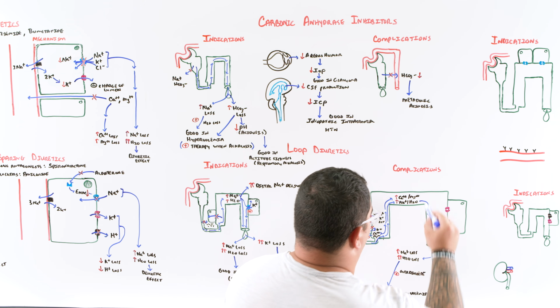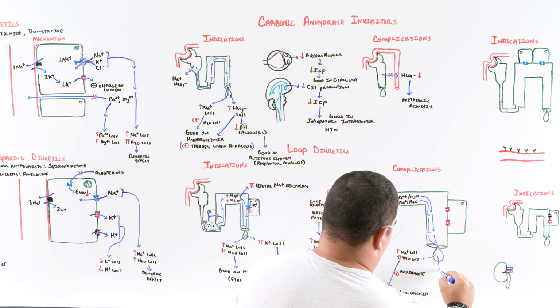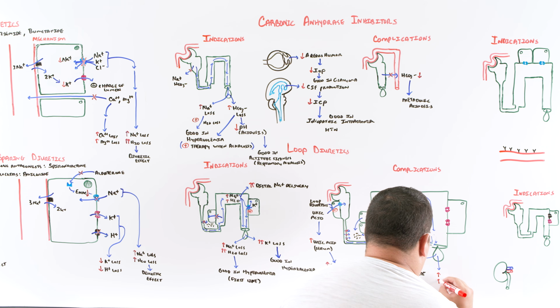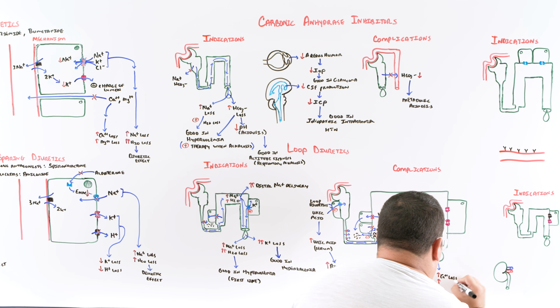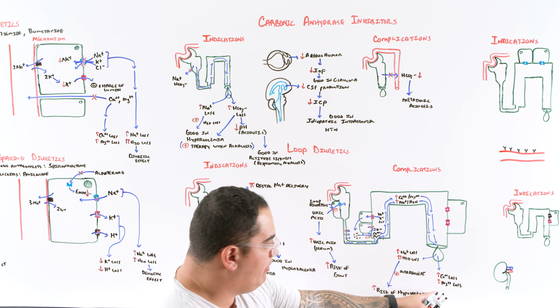Because of that, this patient is now at higher risk for hypocalcemia. You're going to have increased magnesium loss, increased calcium loss, and so that puts the patient at high risk of hypocalcemia and hypomagnesemia. That's a really important complication.